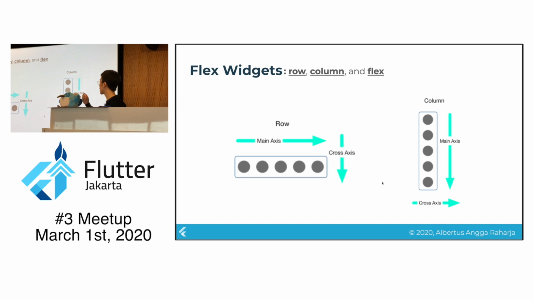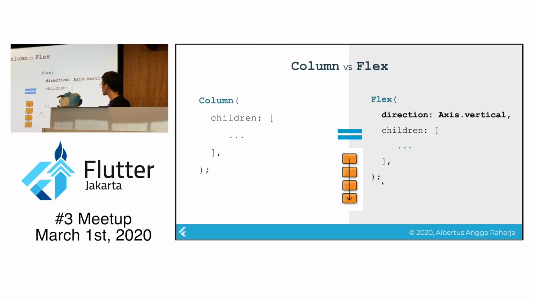But if you want to lay out children vertically, you have to use column. So how about flex? Basically, row and column are actually just extensions of flex. They are just subclasses of flex. So the code on the left is actually the same as the code on the right.